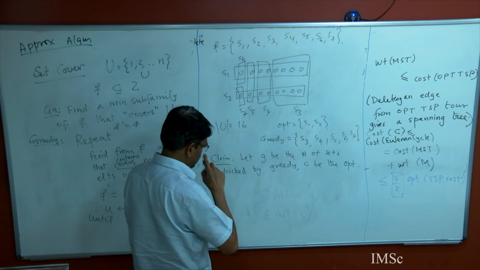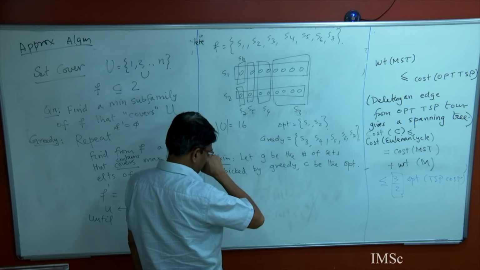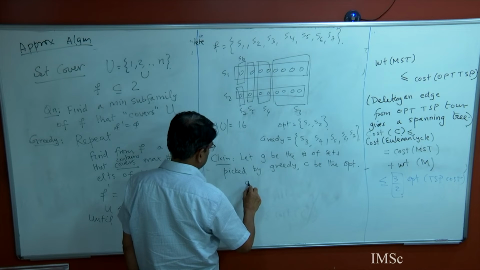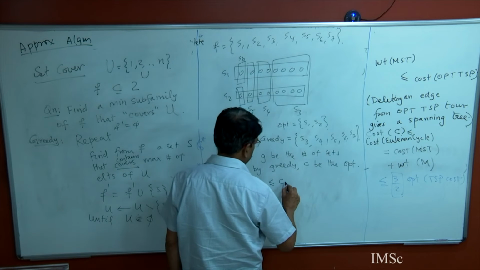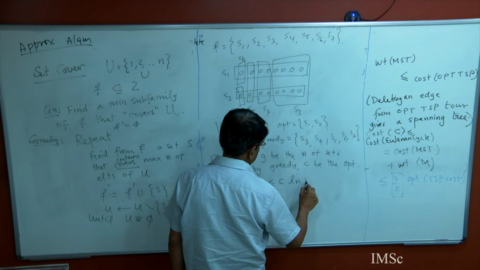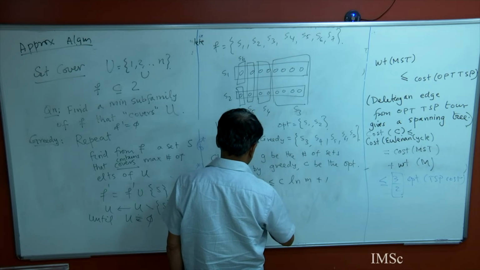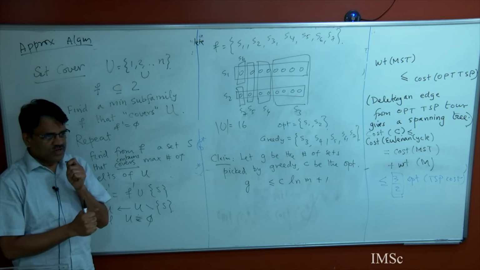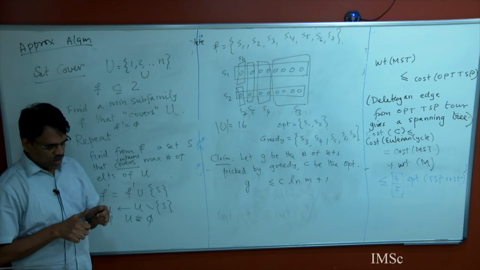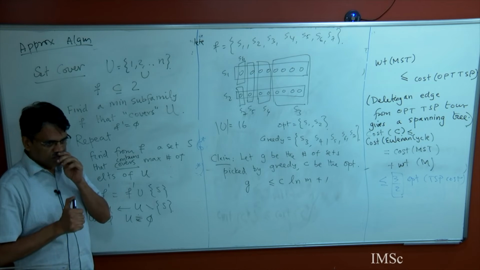Then the claim is that G is never worse than log m times the opt.